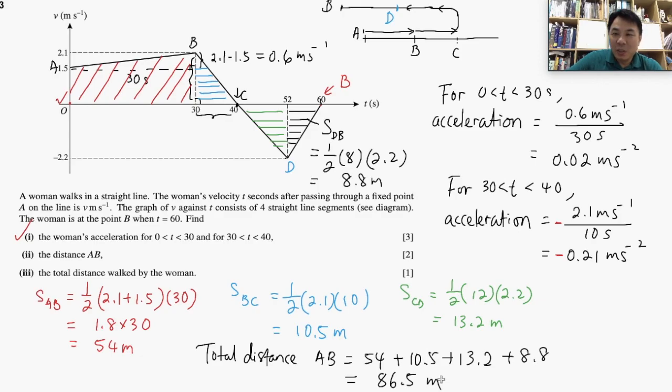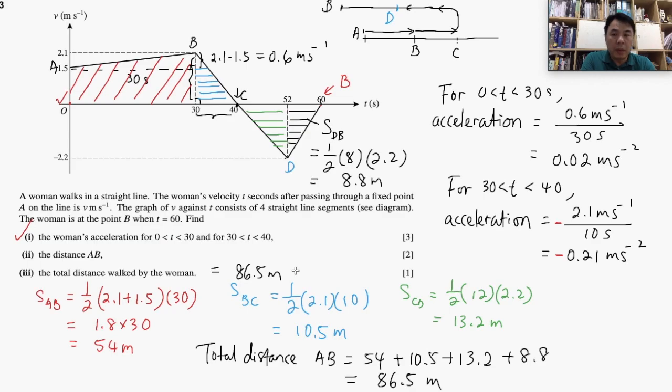Total distance AB is basically the same as the total distance traveled by the woman. So the last question is just to confirm that the total distance traveled by the woman is the same distance as AB, which is 86.5 meters.